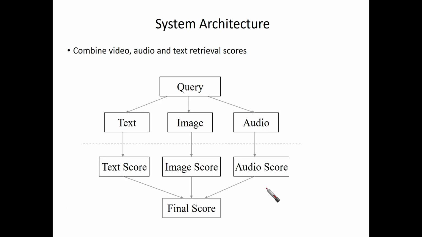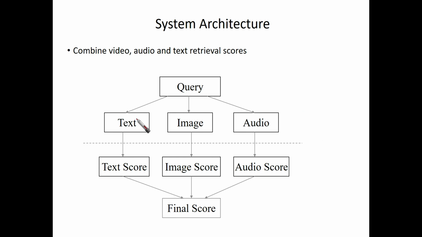So let's say we have multimedia documents, or a multimedia stream, that has text, image, and audio all together. The video is basically a sequence of images, and that's why we didn't show the video separately.